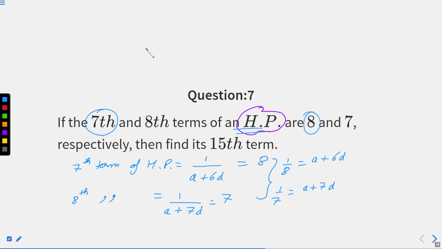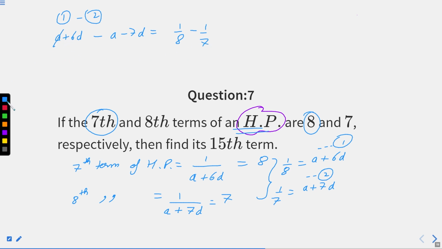Now let's try to calculate the values of A and D by eliminating one variable. Let's say this is my equation 1 and this is my equation 2. Now subtract 1 minus 2. So A plus 6D minus A minus 7D equals 1 by 8 minus 1 by 7.